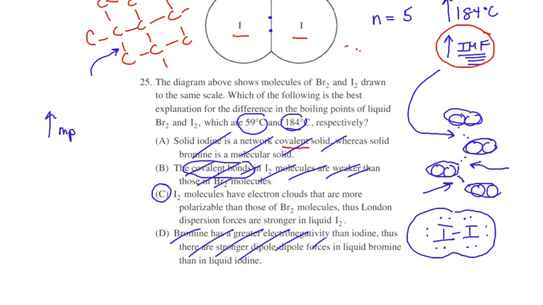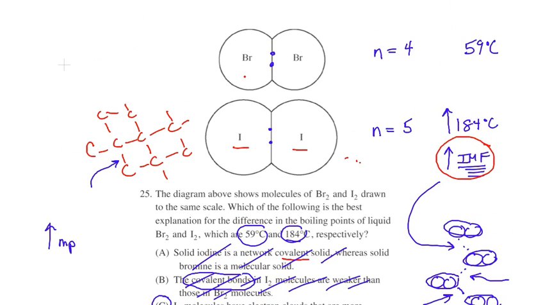And the answer is that iodine has stronger what? London dispersion forces. Why? It's got a larger cloud of electrons than bromine has. Being in row 5 and having a higher atomic number, it has a greater number of electrons. So it's really about iodine being more polarizable.